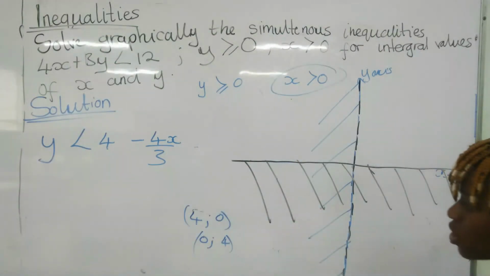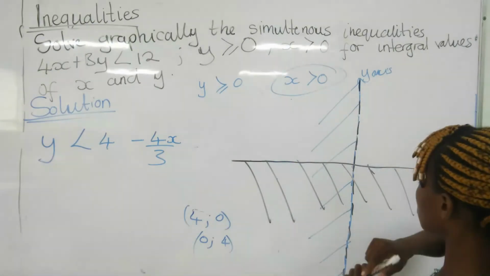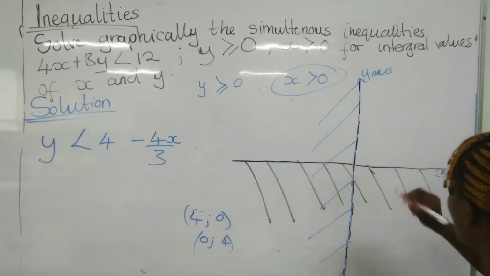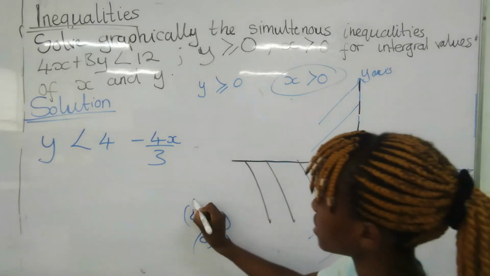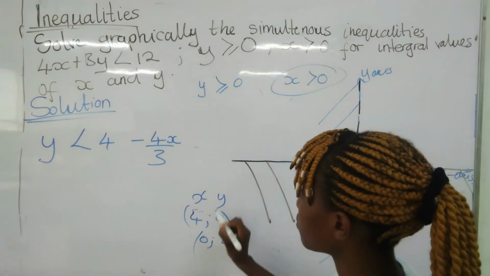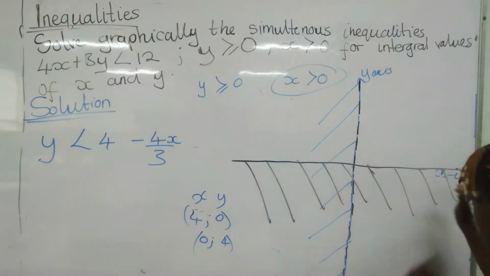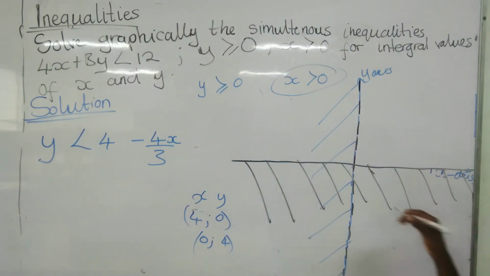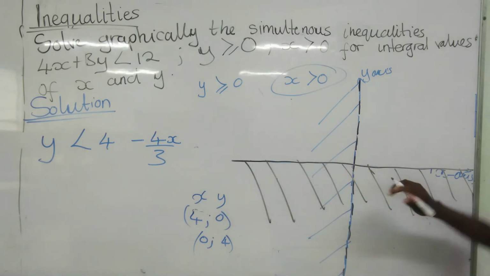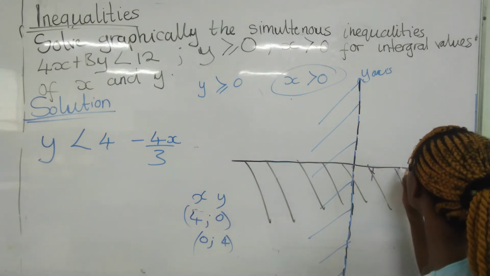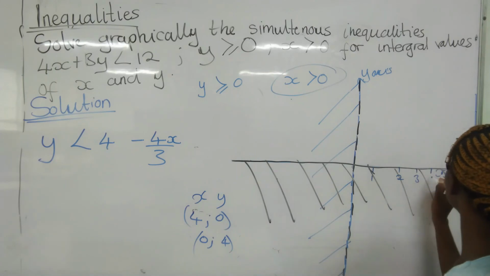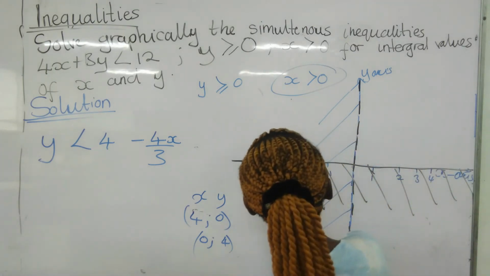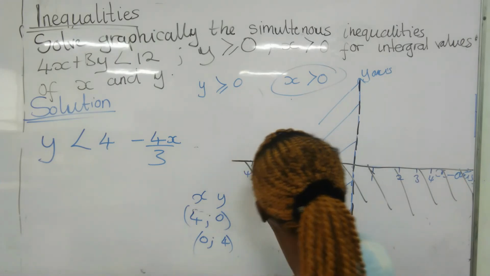We jot down our points for 4, 0. Remember this is the x value, and this is the y value. Remember you would have put your coordinates on your number line like 1, 2, 3, 4, minus 1, minus 2, minus 4.